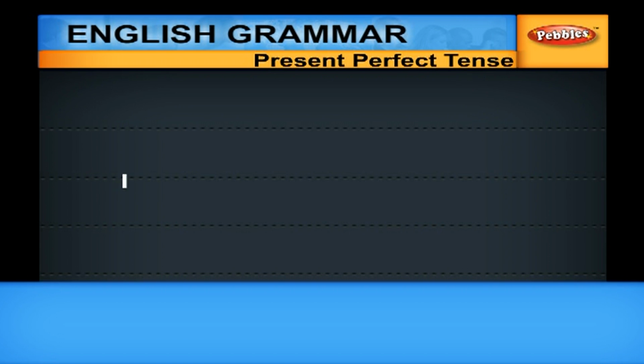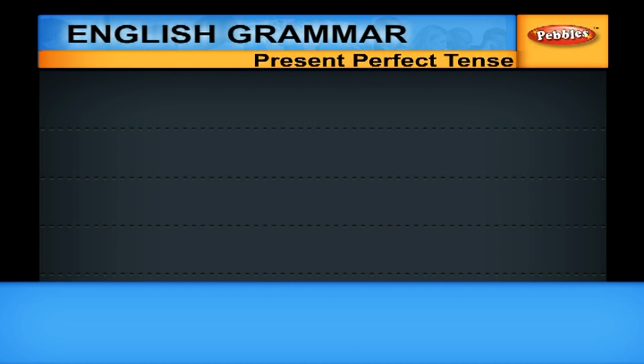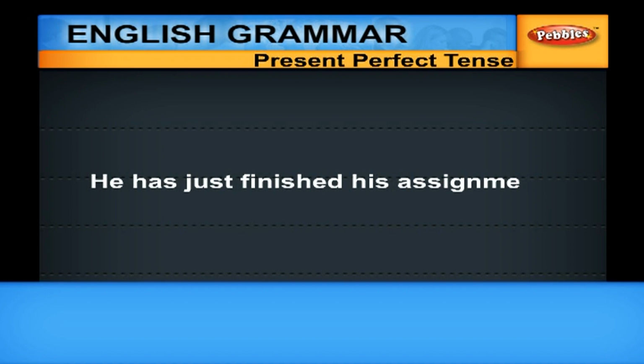We use present perfect to refer to an action just completed. I have just come from the bank. Come is the VEN form or past participle of the verb come. He has just finished his assignment. Finished is the VEN form of finish.